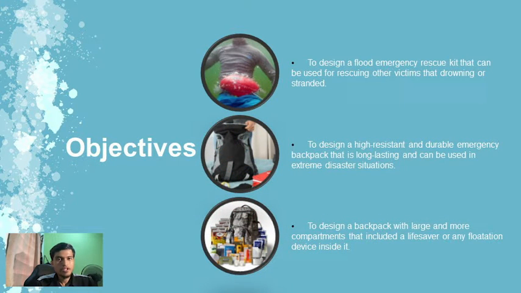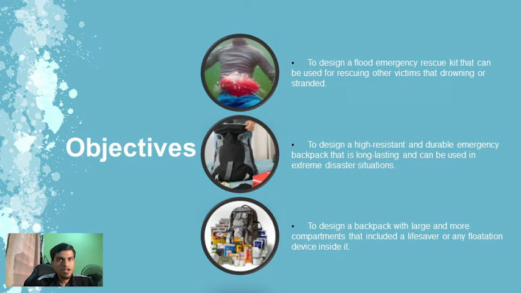So, our aim and objectives. At the end of this project, we need to achieve our objectives. The objectives are to design a flood emergency rescue kit that can be used for rescuing other victims that are drowning or stranded during the flood event.